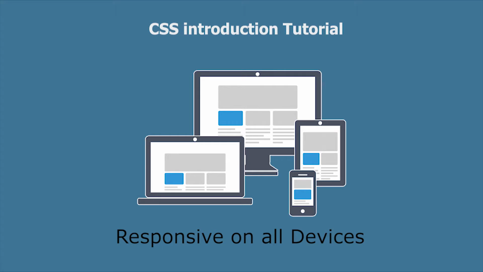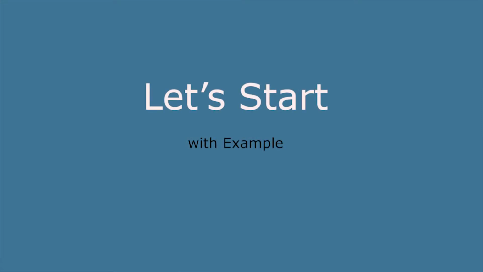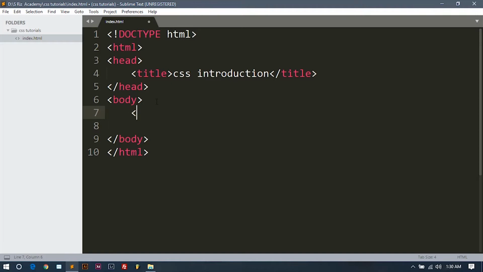HTML was created to describe the content of the page, like headings, paragraphs, and all. Like this is my first CSS page. It's HTML. If you want to design this, we can add CSS with two methods.